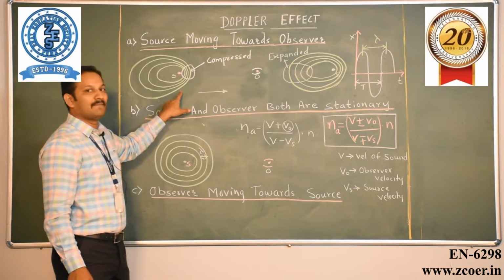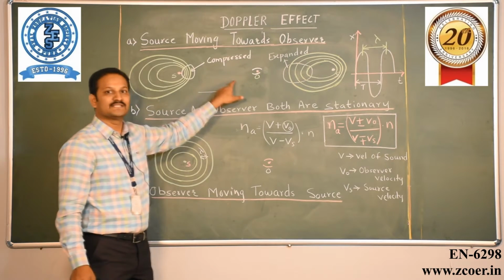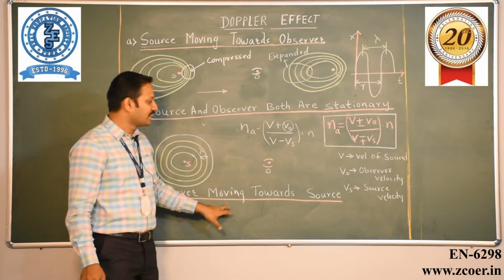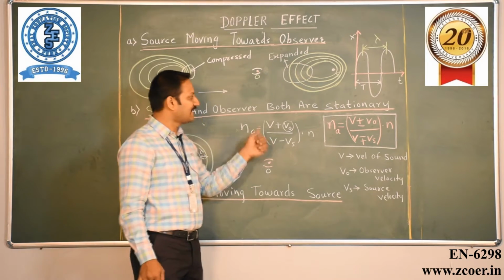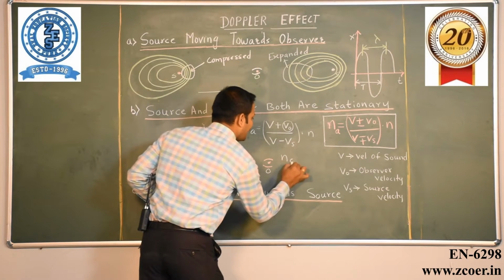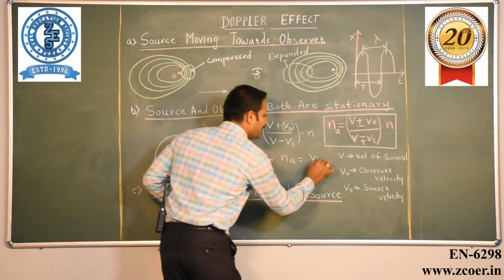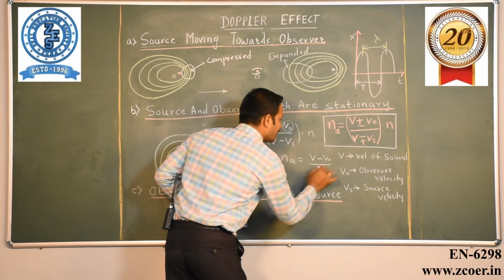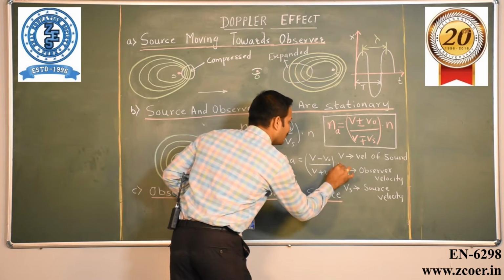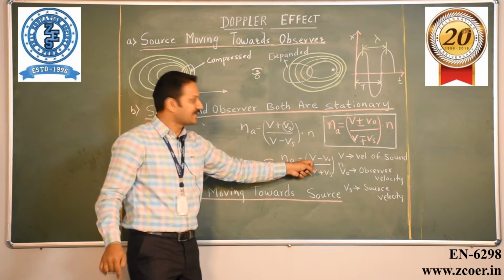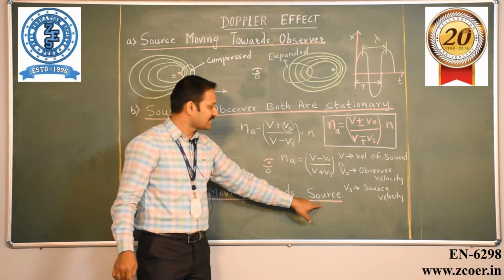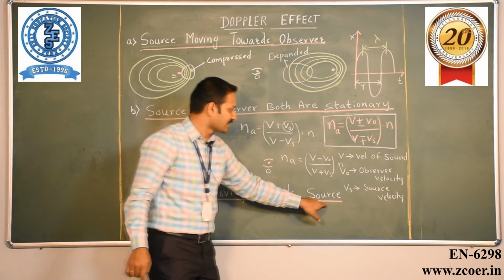That means if lambda decreases, then frequency increases. In the third case, when the observer is moving towards the source, you have to use another formula, that is n' is equal to (V minus Vo) upon (V plus Vs) into n. So in this case, you may find the observer is moving towards the source, that means source is stationary.